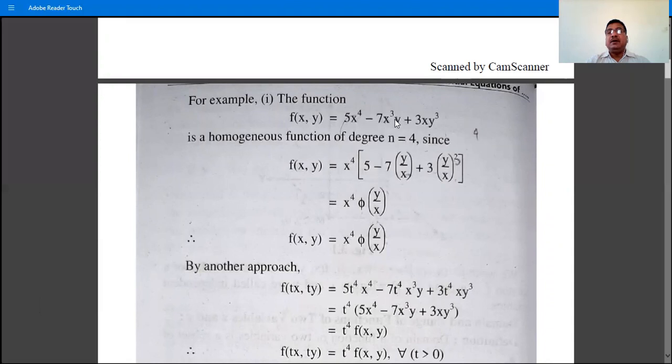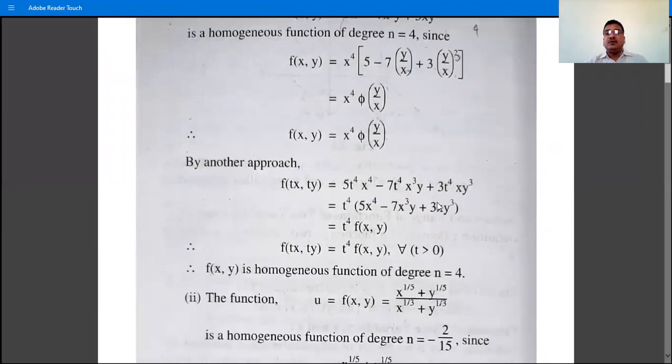So t^3 and t becomes t^4 x^3 y. Then substitute x as tx and y as ty in the last term: (ty)^3 means t^3 y^3, so t and t^3 becomes t^4 xy^3.